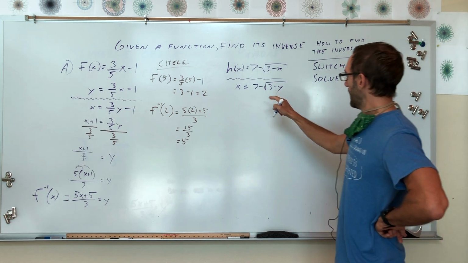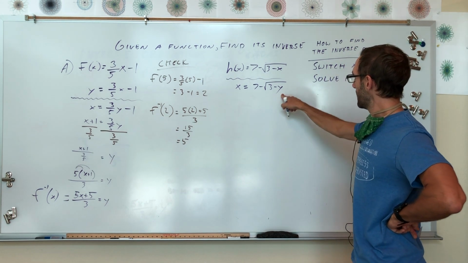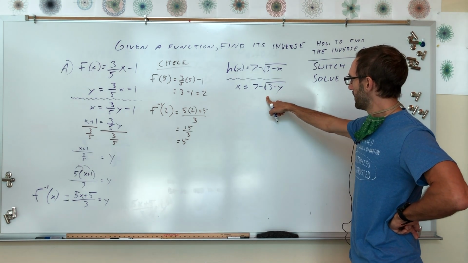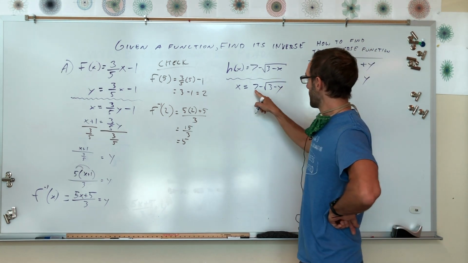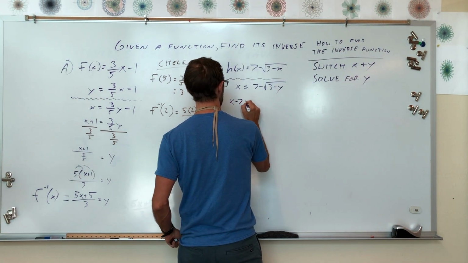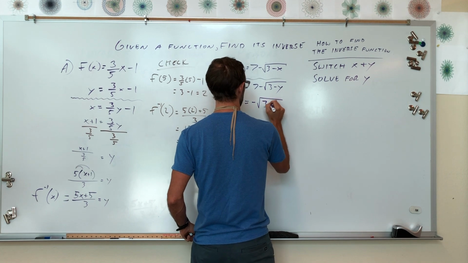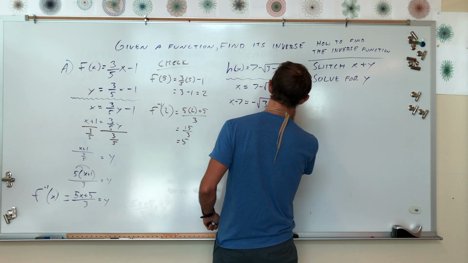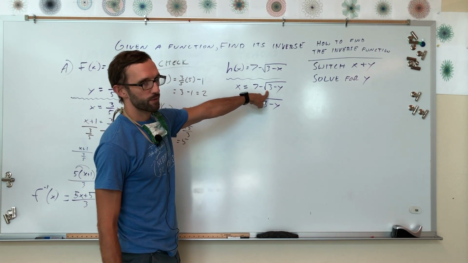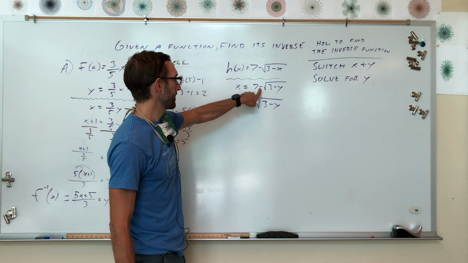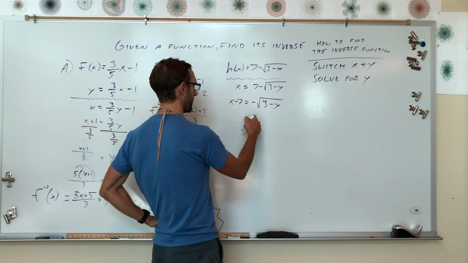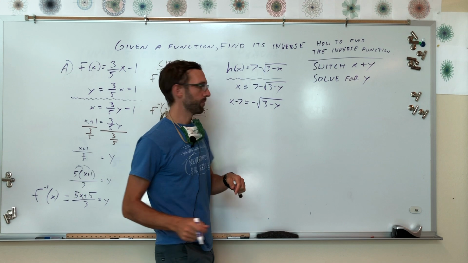Let's see. I want to get this by itself, but I also want it to be positive. I'll just do one thing at a time. I'm going to subtract 7 from both sides. There's different methods, but we'll just go with this one. That root 3 minus y is still negative, but we need to get it positive, so now I'm going to multiply everything by a negative 1.